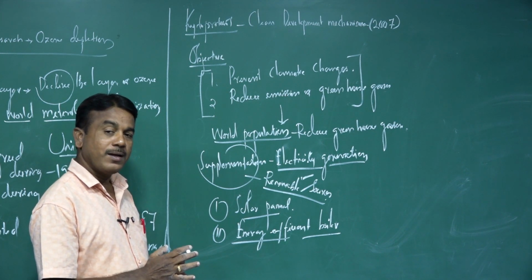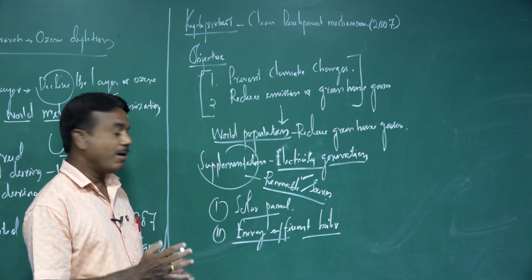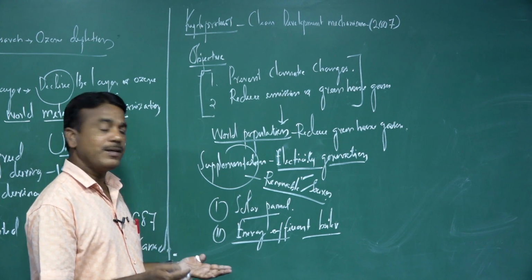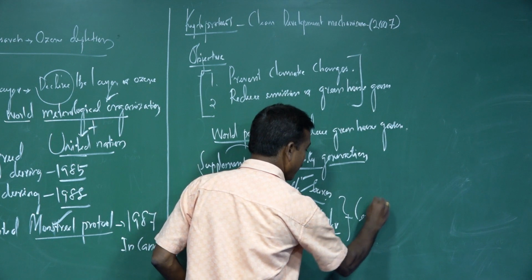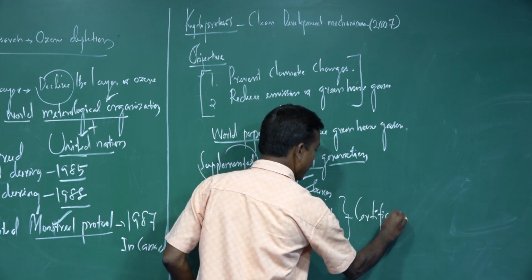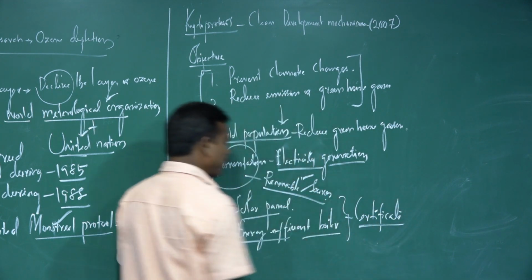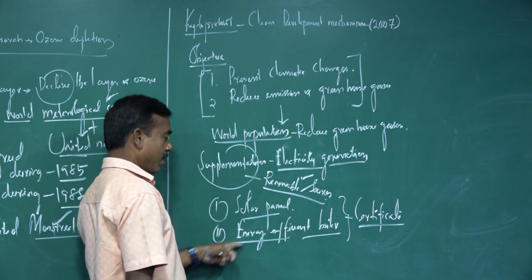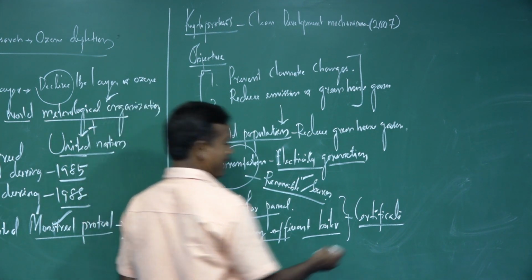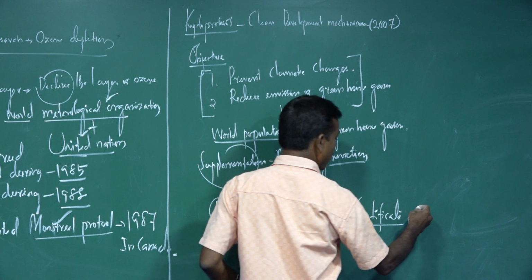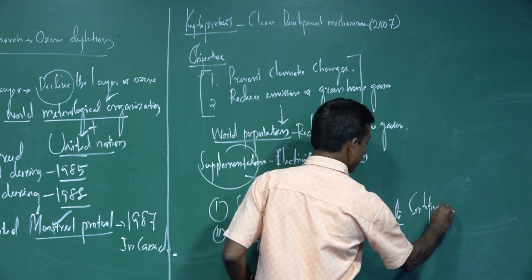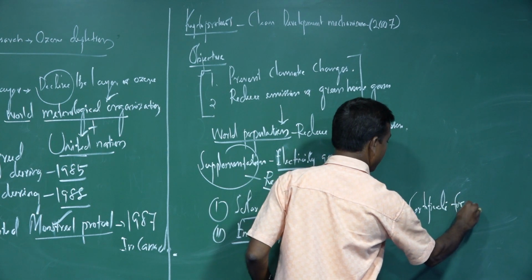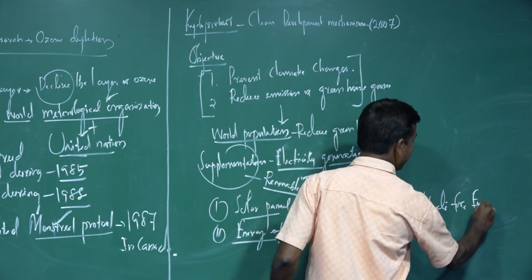That's why the world organization or the world treaty gives a certificate. What type of certificate is given for solar panels and energy efficient boilers? It is commonly called the certificate for emission reduction.